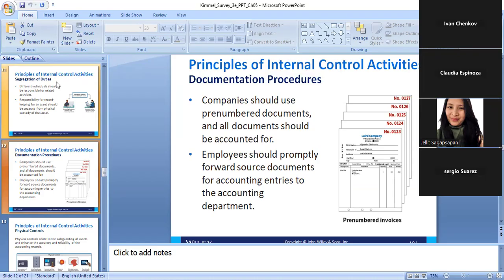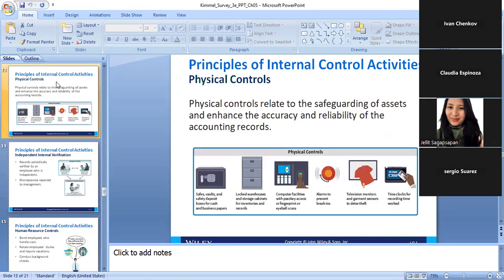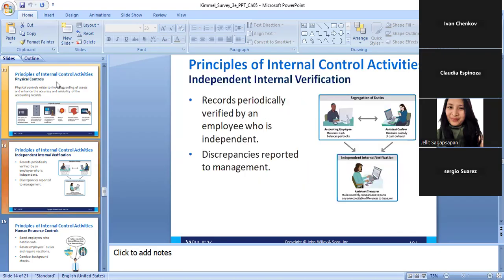Simply by numbering the documents and keeping the numbers in order, that's what documentation procedures are. Physical control, which is going to help us to safeguard the assets. Then we're going to have independent internal verification. Somebody in the company internally is going to verify.